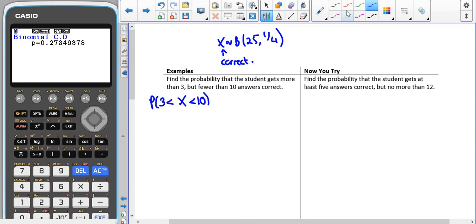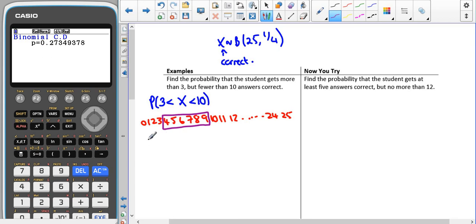So if we have a think about our number line again, so 0, 1, 2, 3, 4, 5, 6, 7, 8, 9, 10, 11, 12, all the way up to 25. This time we are looking at more than 3. So we don't want to include 3, we want more than 3. And we want less than 10. So it's actually these values here that we're looking at.